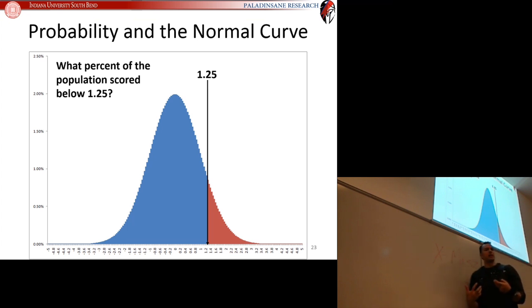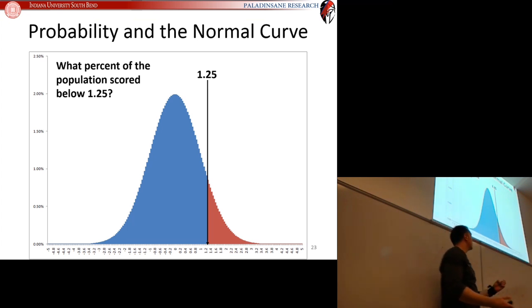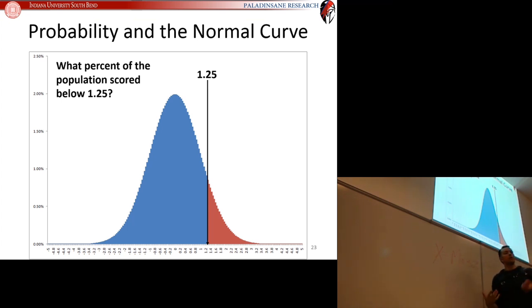So if this is people that need tutoring in mathematics, for example, what proportion of the population would benefit from tutoring in mathematics? They'll benefit if their z-score is less than 1.25 on a math test. That's the proportion of the population with a score less than 1.25.